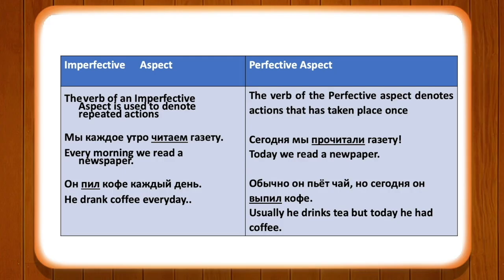That means every day denotes a habitual action. Сегодня обычно он пьет чай, но сегодня он выпил кофе. Here the use of the perfective aspect выпить indicates that it was done once. So usually he drinks tea, but today he drank coffee.